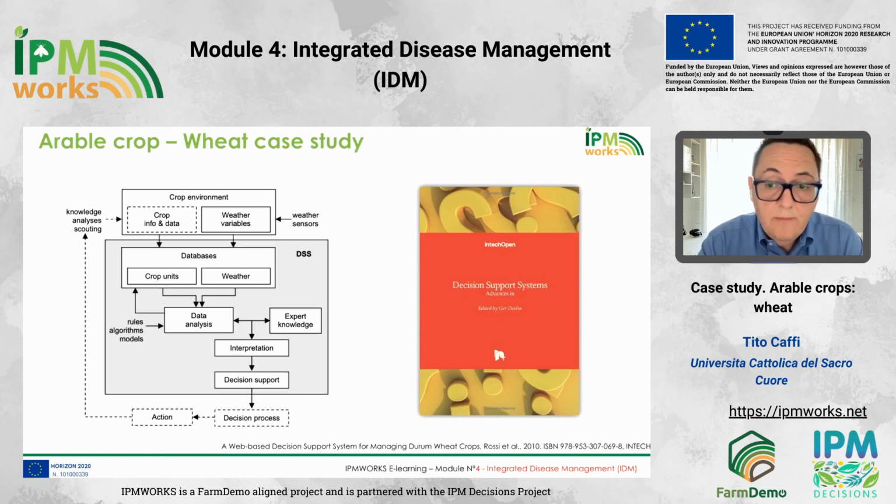Monitoring of the crop environment, that is the field, the environment, the crop, and all the surroundings of the crop: how it is growing, if it is growing well, if there are any weeds, pests, or diseases that are affecting the crop. Second step for a decision support system, collecting the data, making them available, so putting all those data together in a database, making this available for data analysis.